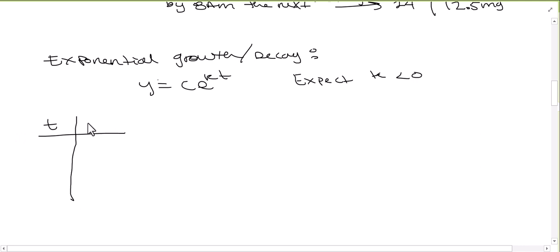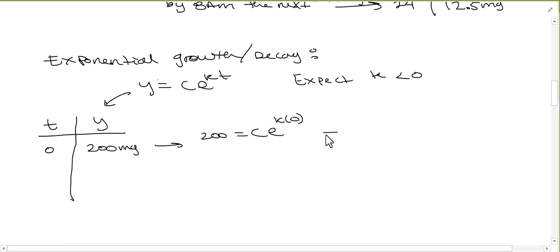So t and y. Now that I'm using this formula, at t equals 0, y is 200 milligrams. Right? So then what this tells me is I'm going to have 200 equals c e to the k times 0. But anything to the 0 power is 1, so this just gives me 200 is equal to c.